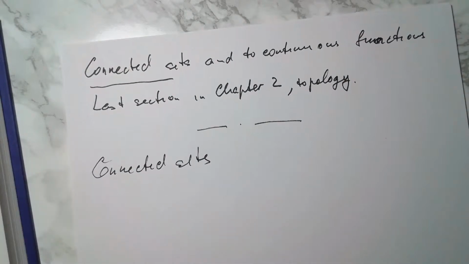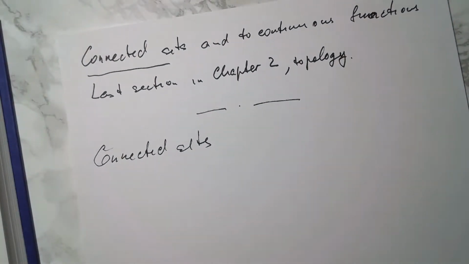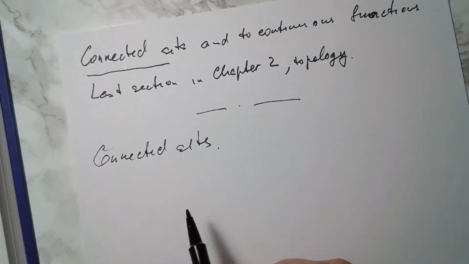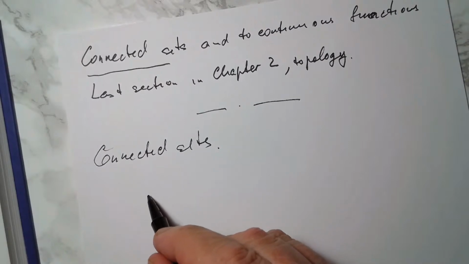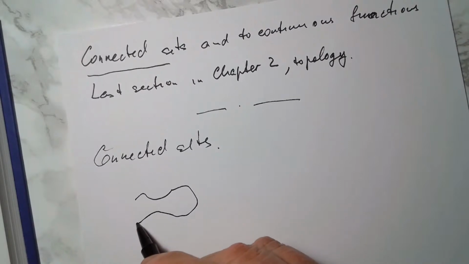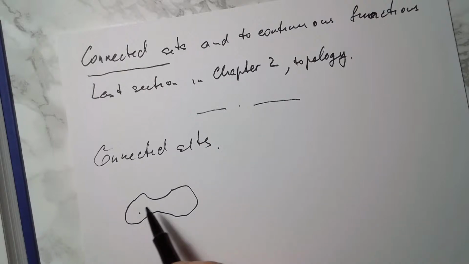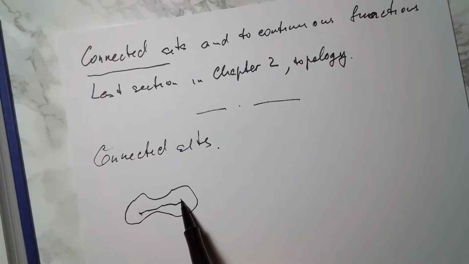And once again, just like with continuous functions, you have an intuitive notion of connected sets. So for instance, if I take this set over here, you will probably all agree with me that it's connected. And even though I'm going to commit a fundamental crime here, I will say that it's connected because if I take two different points in this set, I somehow can go with a line which completely belongs to the set and connect those 2 points.